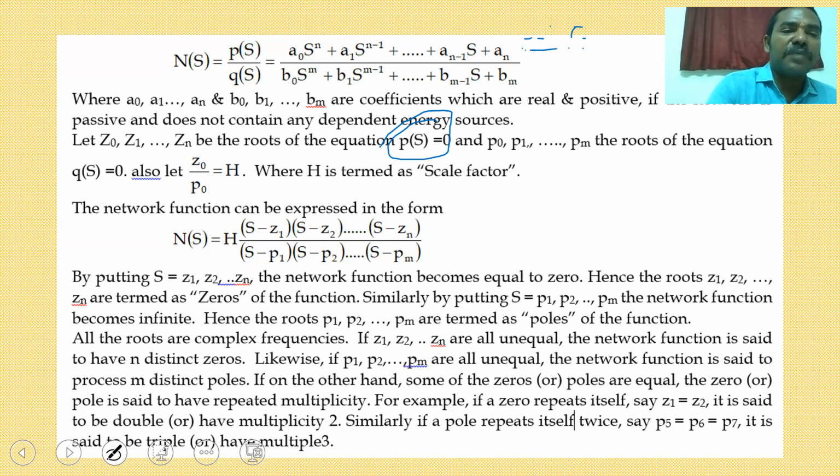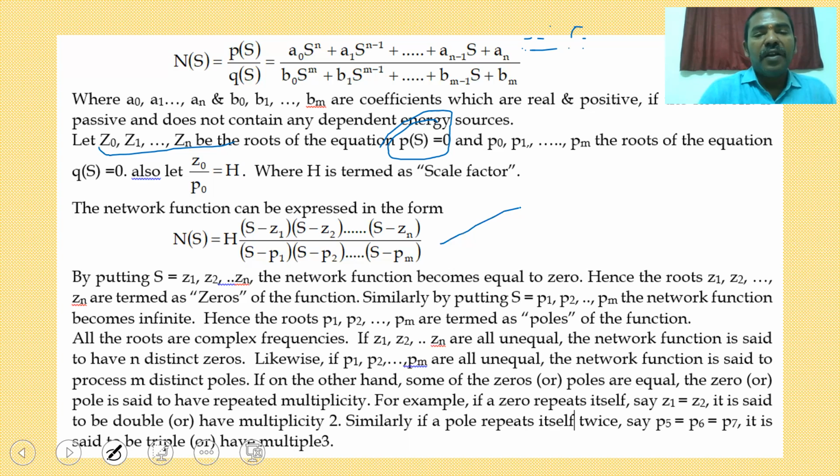Then H is a scaling factor, so it is z0 divided by p0. Now N of s, by using the basic equation, can be represented as H into (s minus z1)(s minus z2) and so on (s minus zn), divided by (s minus p1)(s minus p2) and so on (s minus pm).